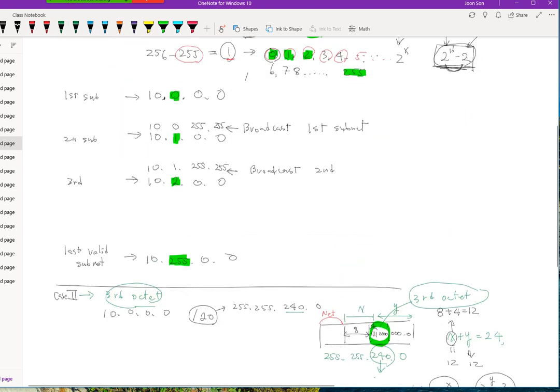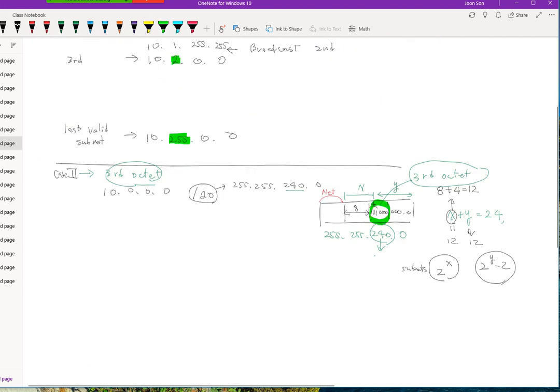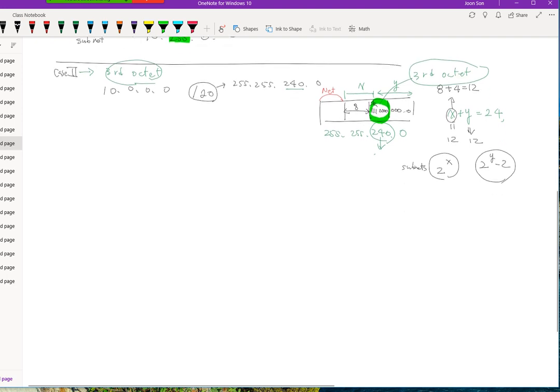For case number 1, you know that we have to focus on the second octet, but for case number 2, we have to focus on the third octet. Having said that, we use the formula, and that formula should apply on the third octet. So the formula is 256 minus 240, what is it? 16, right?